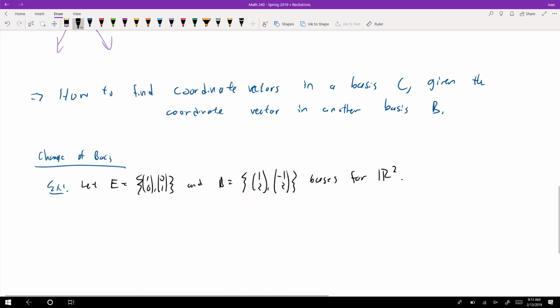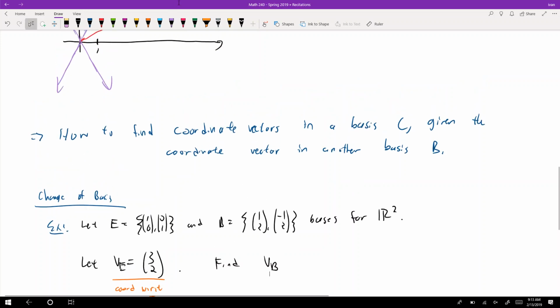Let V sub E equal (3, 2). So this means the coordinate with respect to basis E. With respect to basis E, find VB. So now we want to find the coordinates with respect to basis B.